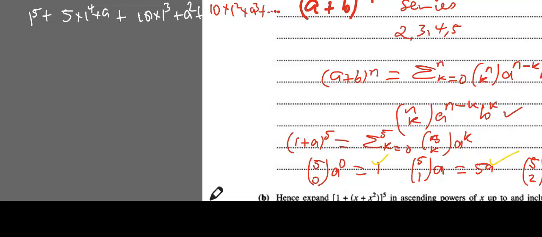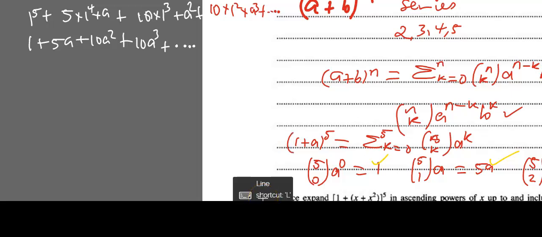So our final answer becomes: 1 to the power 5 is simply 1. So we are going to have 1 plus 5x plus 10x squared plus 10x cubed, plus it can continue, and that is the required solution in this particular question.